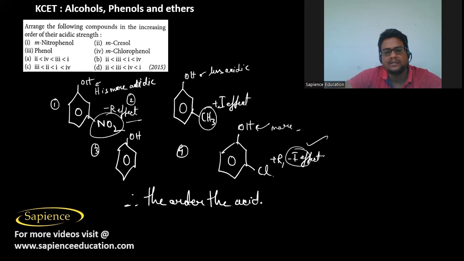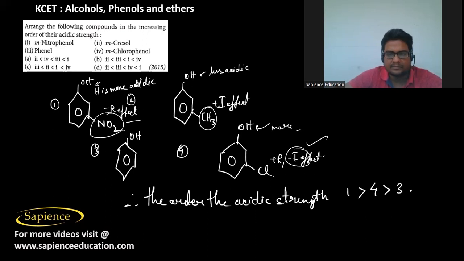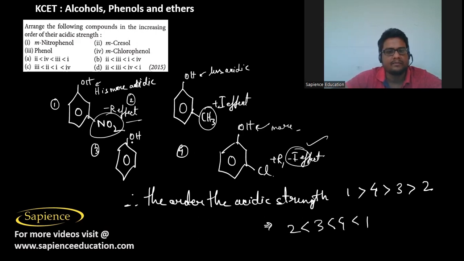Therefore the order of the acidic strength is: the first one will be the highest, and then we have the fourth one, then the third one, and then the second one. So first is more than 4. Here we have to write in the increasing order, so it will be 2 less than 3, less than 4, less than 1. So option D is the correct answer.